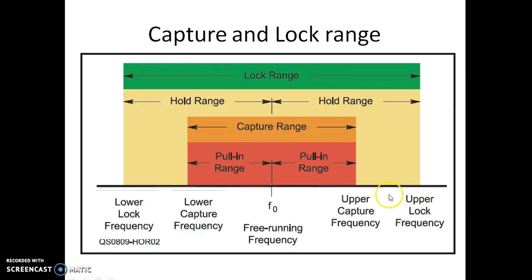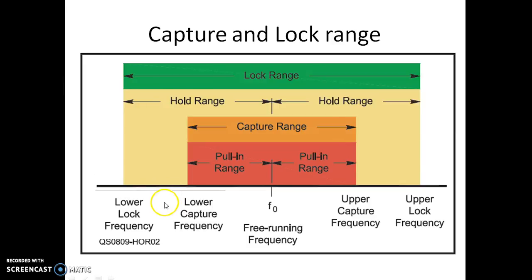So on this journey, we are getting the upper capture frequency and the lower lock frequency. On the forward journey, we first got the lower capture frequency, at which it gets captured, and then the upper lock frequency, till where it stays locked. Whereas on our reverse journey from a higher frequency, first we need to capture it, and then see at what frequency it gets unlocked.